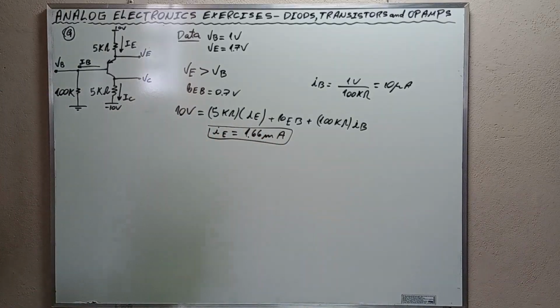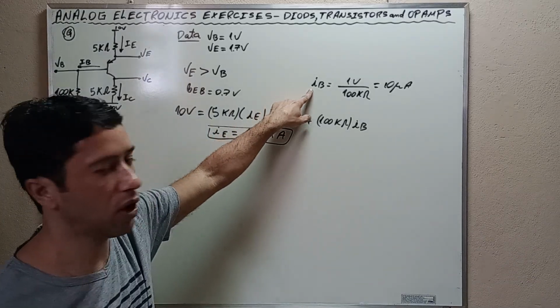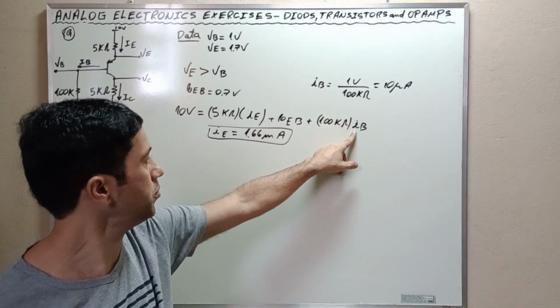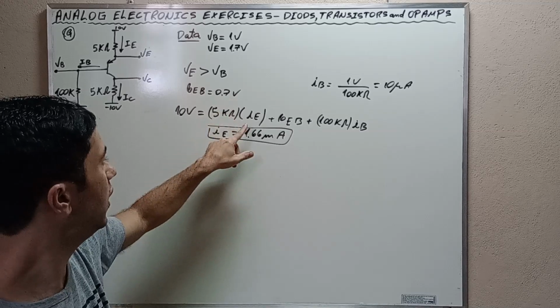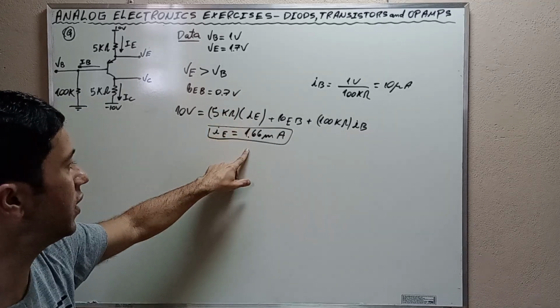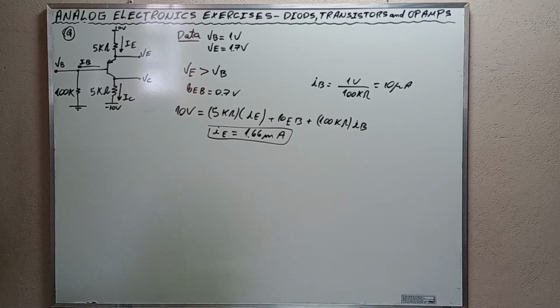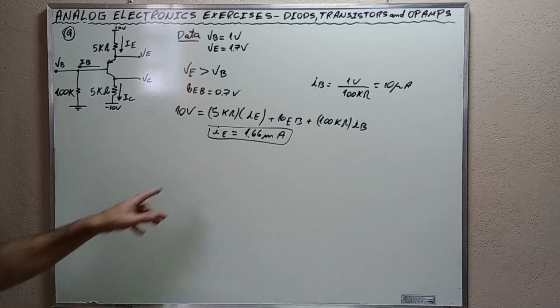I take this value of IB and use it here. VEB is 0.7 volts, and we solve for IE, and we find 1.66 milliamps. Okay, my friends? Now, using the value of IB, we find IE. And we already found IE.